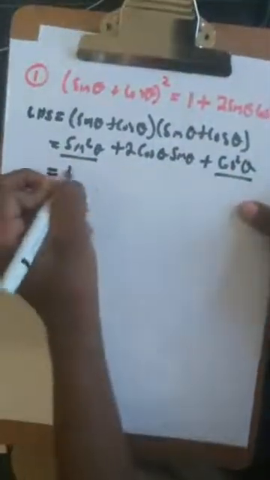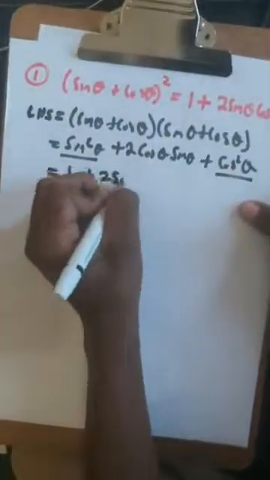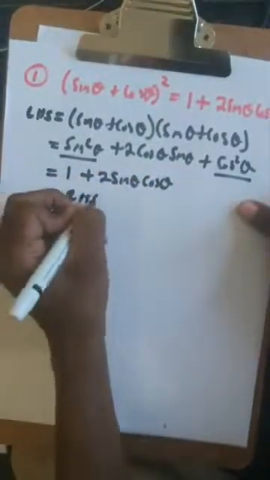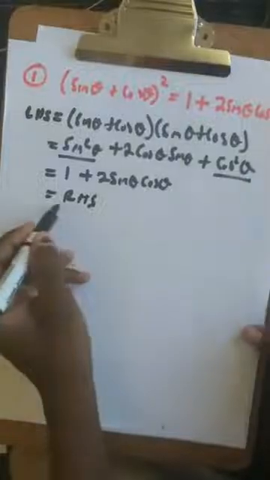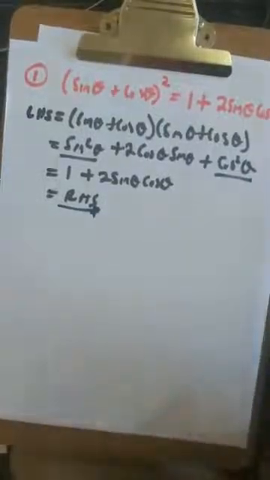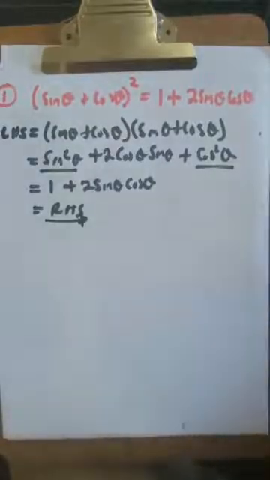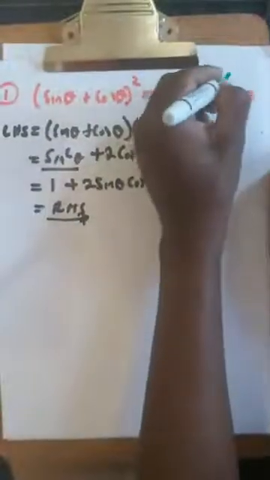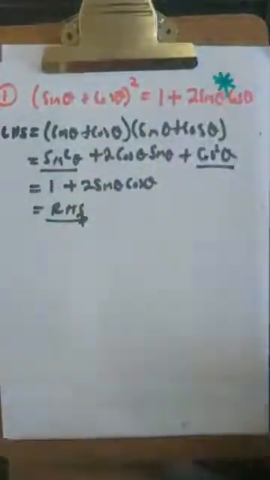Sine square theta and cos square theta give 1, so we have 1 plus 2 sine of theta cos of theta, which is equal to the right hand side. This rule is very important, and you will use it a lot as you solve those tricky problems.